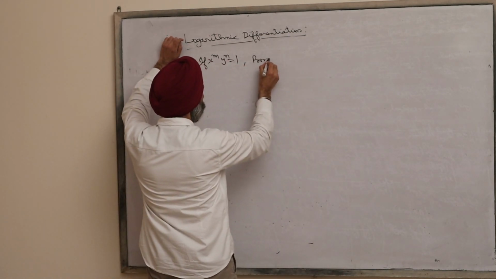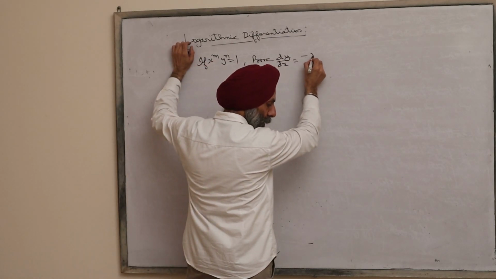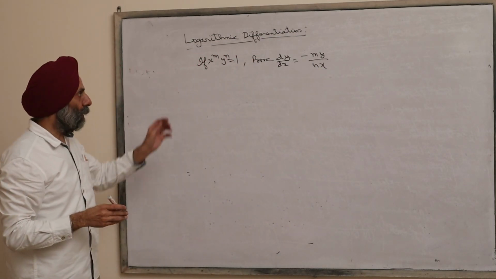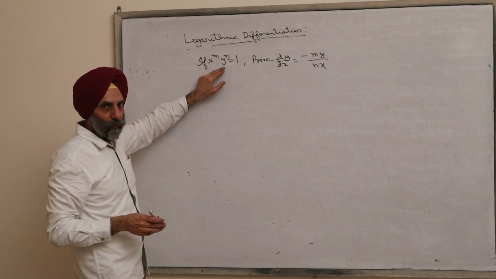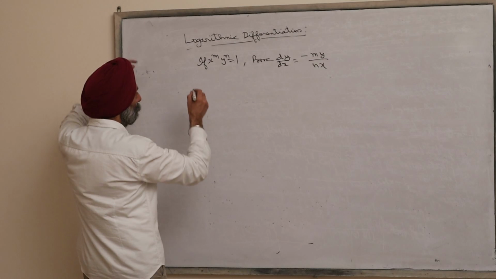So what we have to prove here is that dy over dx is equal to minus my upon nx. You might try to solve this question by using the product rule, that is the u into v rule, but it will be more convenient if we take log on both the sides.